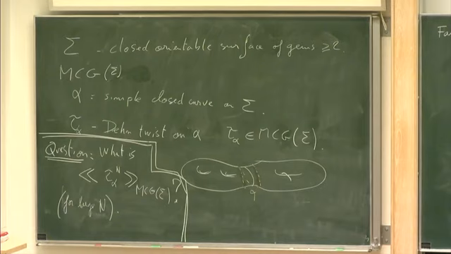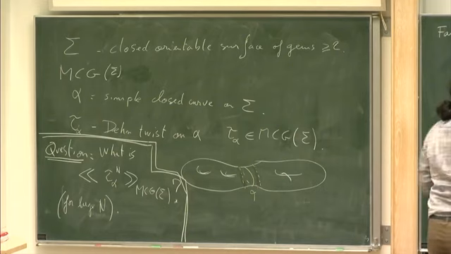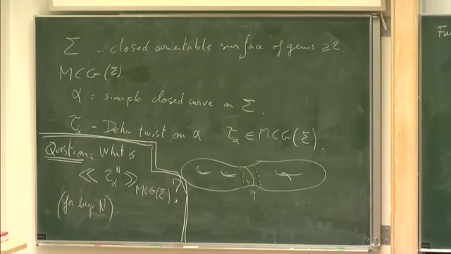They would ask, what is the normal closure of a high power of a pseudo-Anosov element? But it was posed as a test question. So can we understand a little bit better the normal subgroups of mapping class groups?